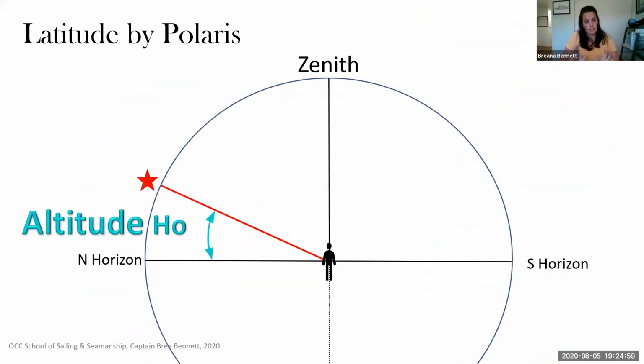So say we are looking at Polaris. Zenith is right above me. To the north horizon, I'm calculating, because the North Star is always going to be pointed north, my Ho, my altitude of the star.